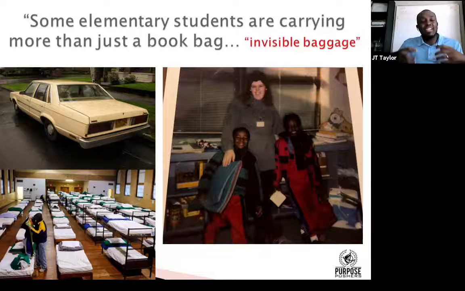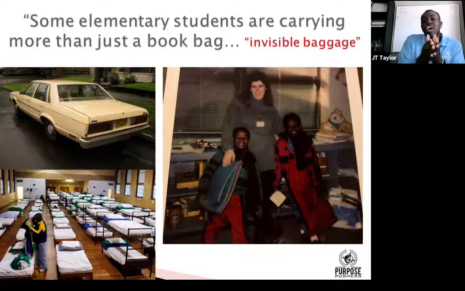How did that impact us? How did that impact our desire to learn? How did that impact our socialization? Were our SEL needs being met because we were carrying invisible baggage? Many of the students that you are going to be working with and supporting will be carrying invisible baggage.